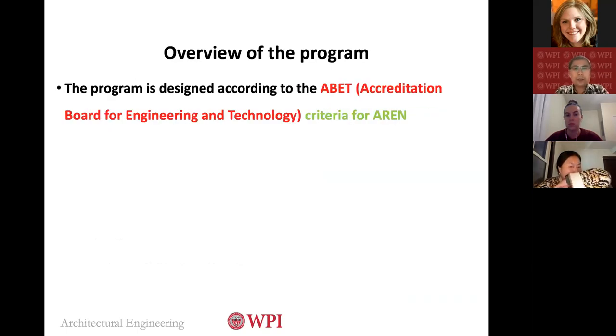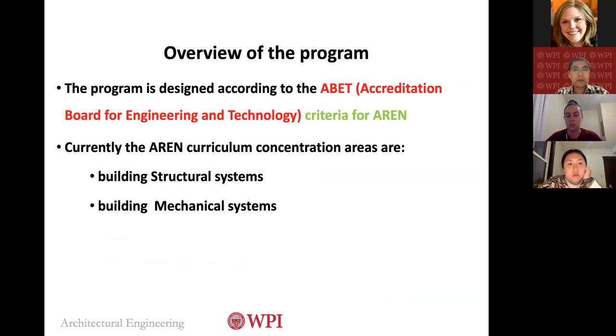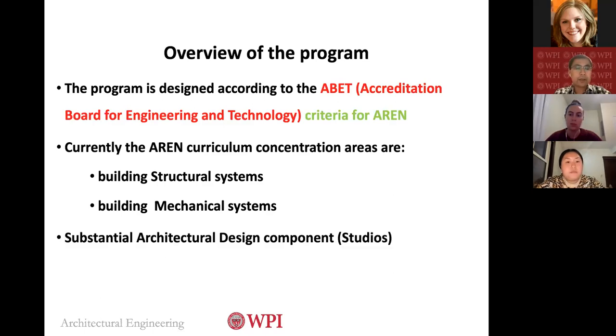So let's overview the program of architectural engineering at WPI. The program is designed based on ABET criteria for architecture engineering. ABET is an acronym for Accreditation Board for Engineering and Technology. The current WPI architectural engineering curriculum focuses on structure and mechanical systems.